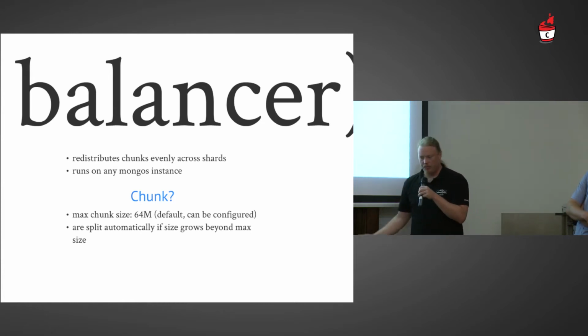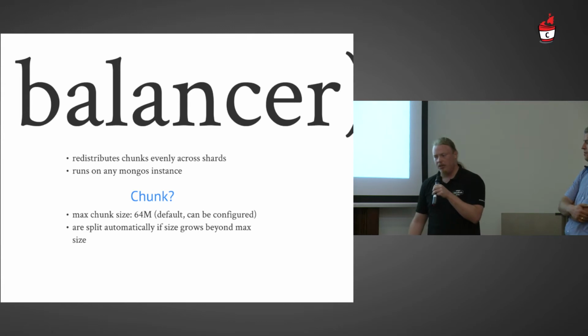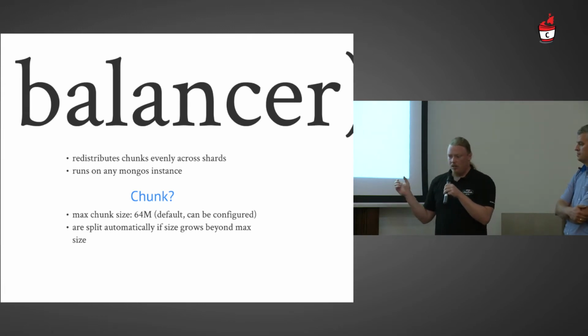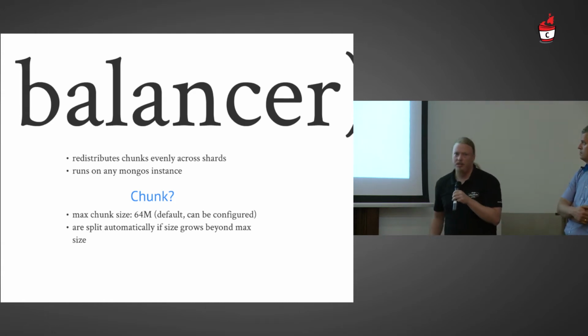And so we've been talking a lot about chunks. A chunk has a maximum size. By default, this is 64 megabytes. Chunks are split automatically when a chunk grows bigger than this maximum size.